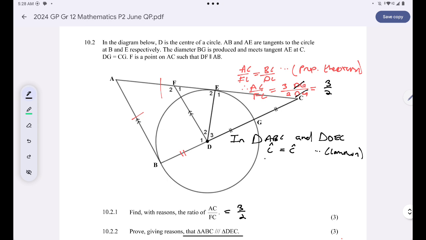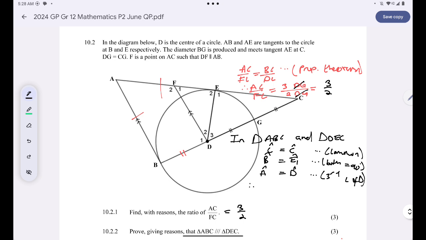Angle B is equal to angle E. Both angles are equal to 90 degrees. Right? So this will make angle A the same as angle D. It's just the third angle of a triangle.